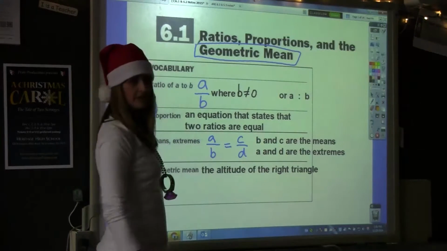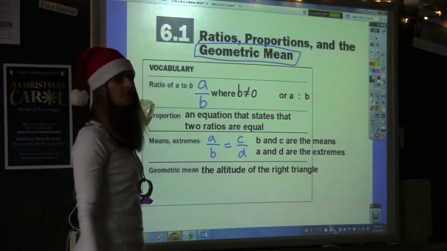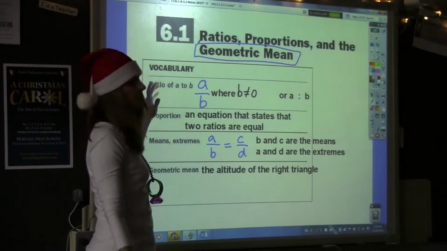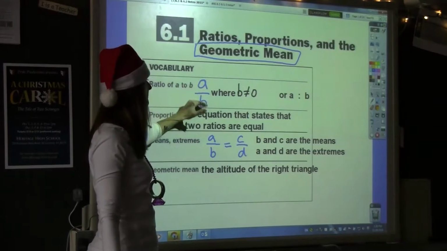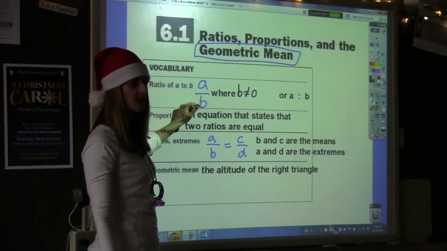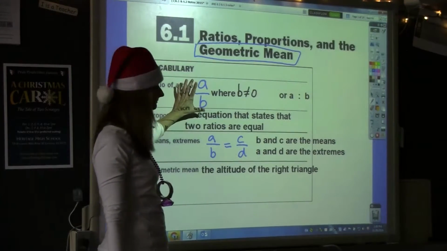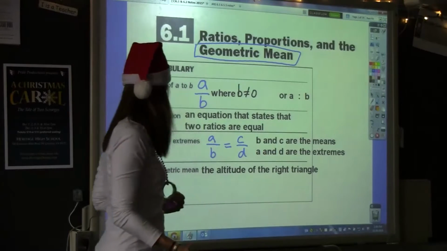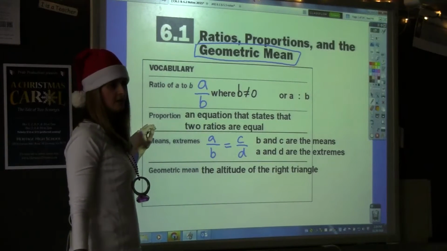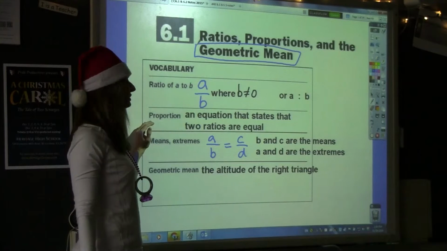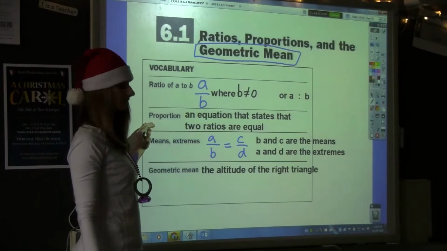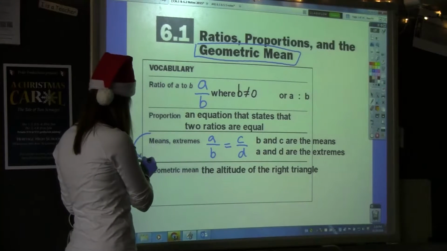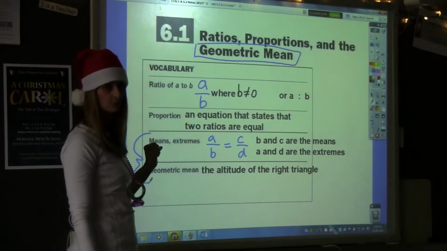So we'll start with what a ratio is, okay? How we write a ratio. Okay, A over B, a numerator over a denominator, a fraction. Okay, or with the colon, A to B. Same thing. A proportion is an equation that states that two ratios are equal. Okay, now here is some vocabulary that's new.